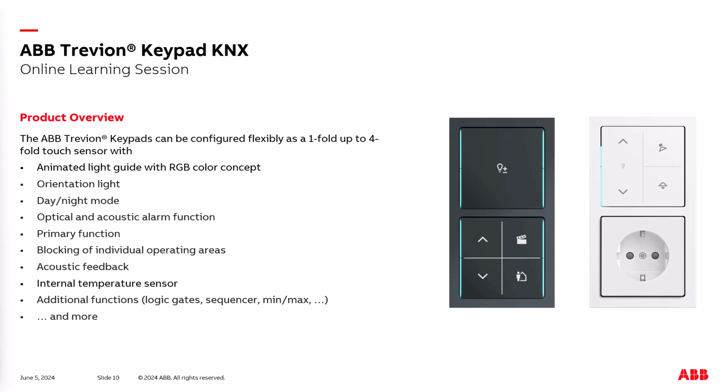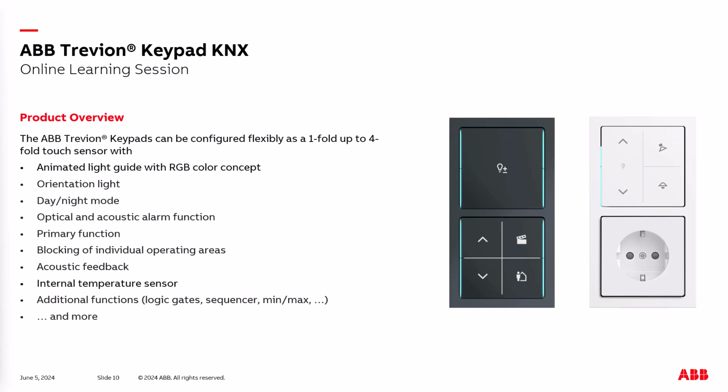Thanks to the new touch concept based on a capacitive surface, the ABB Trevion offers a completely new way of operation. I will show you the swiping operation and light guide with RGB color concept, and with a camera you can observe the behavior then live.